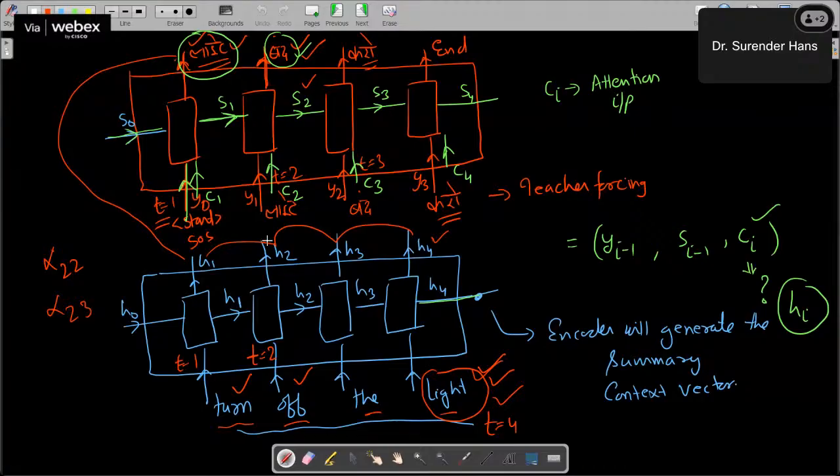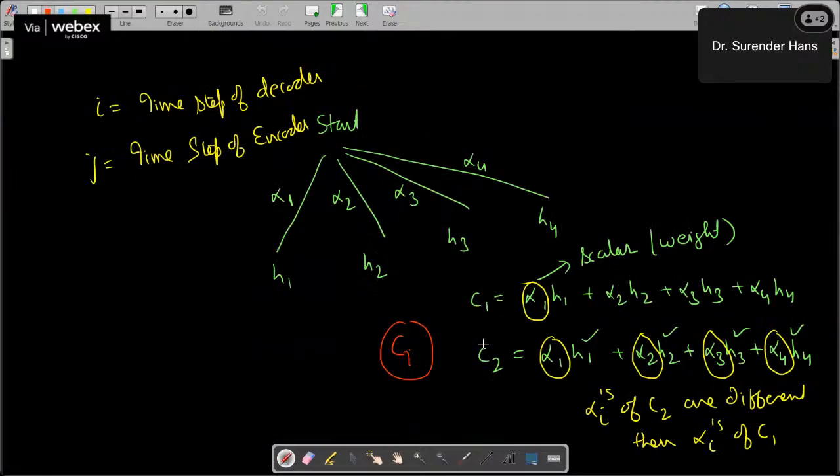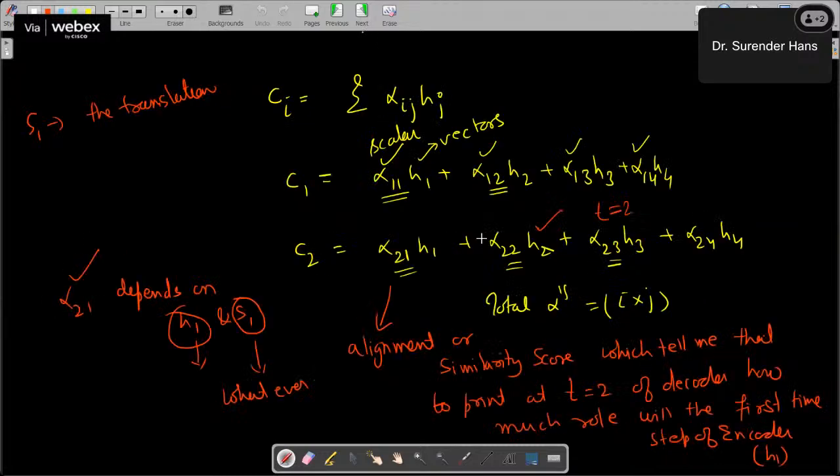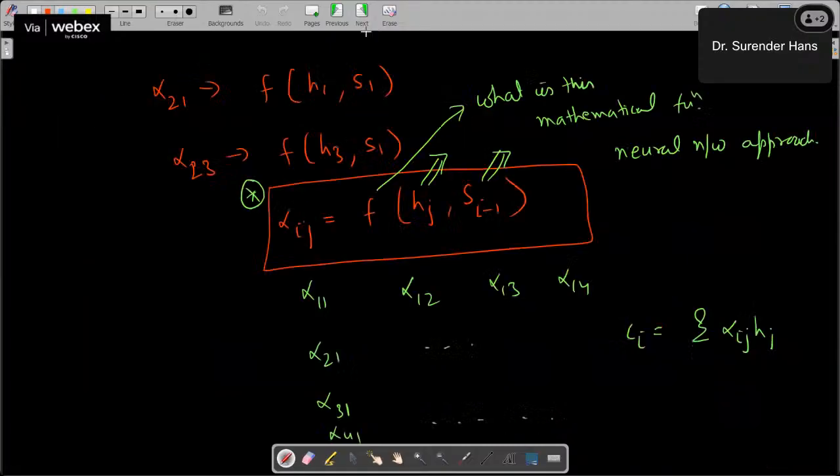Now for this Ci, you have to calculate the alpha, alpha i or alpha ij. In place of alpha 1, alpha 2, I have written the correct equation here, alpha ij. Alpha ij is a function of hj and s(i-1), and both are vectors.